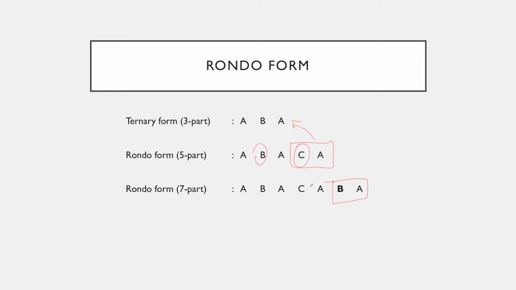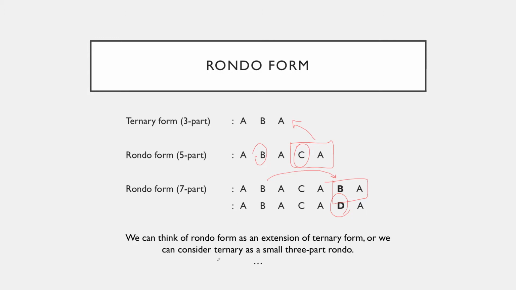This is one version, BA. This is a restatement of B. And another option is DA. In this case, D is another thematic section with other thematic material. We can think of rondo form as an extension of ternary form, or we can consider ternary as a small 3-part rondo.